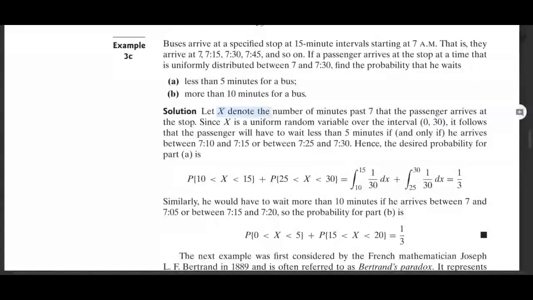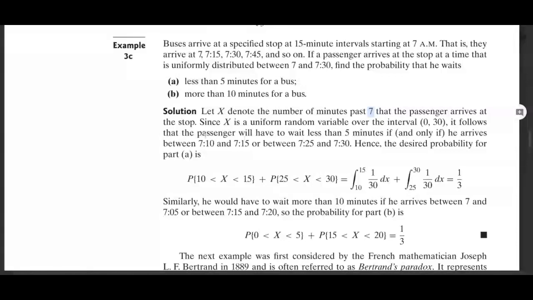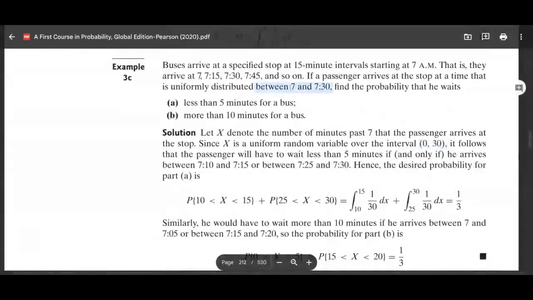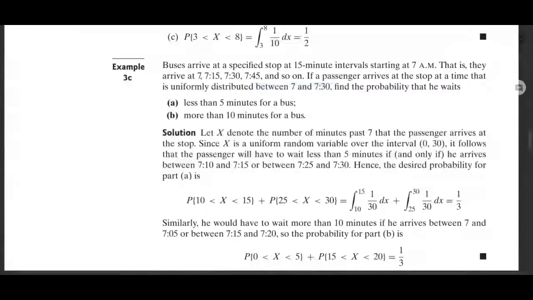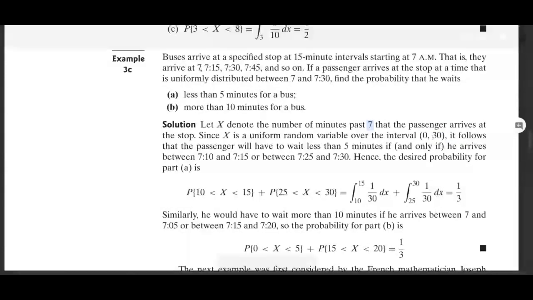So X denotes the number of minutes past 7 that the passenger arrives at the stop. Since X is a uniform random variable over the interval from 0 to 30, because we're talking about 7 to 7:30, we use 7 as a mark.